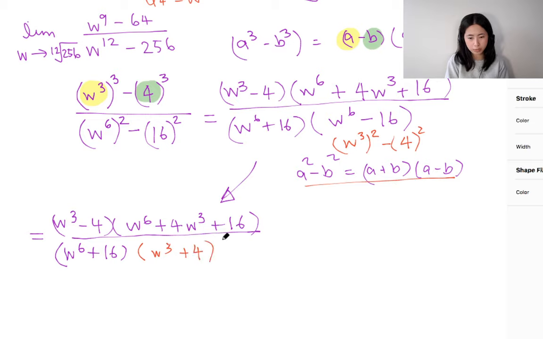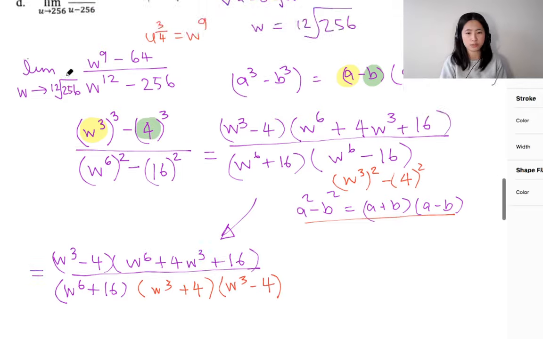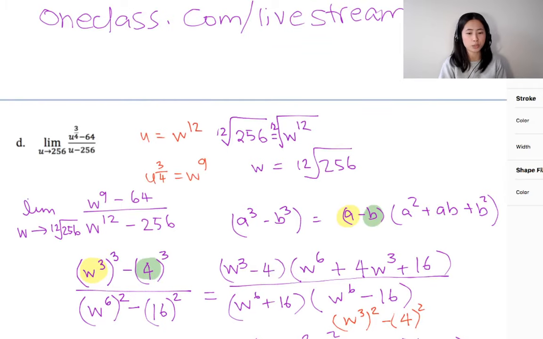As you can see, the reason why we're doing this entire step of substituting is because if you plug in 256 to begin with, you're going to result in an indeterminate form. You don't really want an indeterminate form when you're taking the limit. That's why we're applying this technique, in order to get rid of the indeterminate form first.